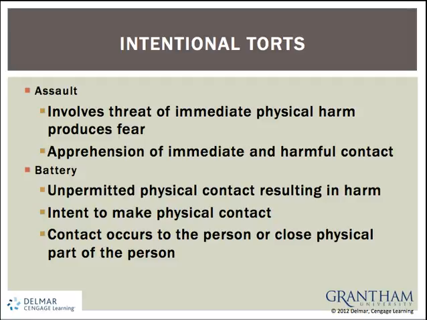And what is compensable in this case, because it isn't compensating somebody for actual physical harm shown, is this apprehension of harm, this fear that you are going to suffer some imminent physical harm.